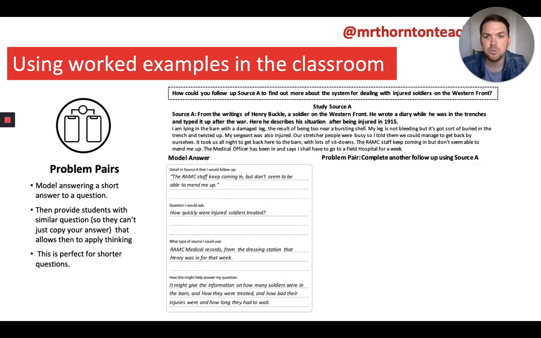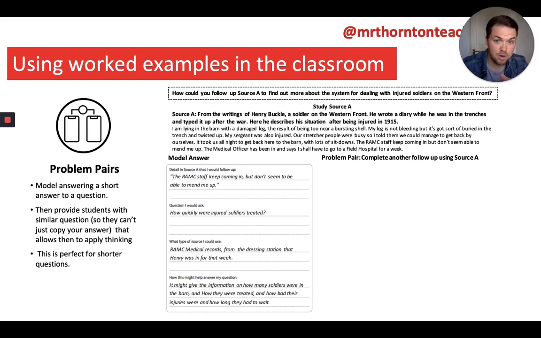Problem pairs. So I talked about this before, and this is a problem pair for a 4-marker Edexcel follow-up question. I suppose there are multiple answers you could get from a source.